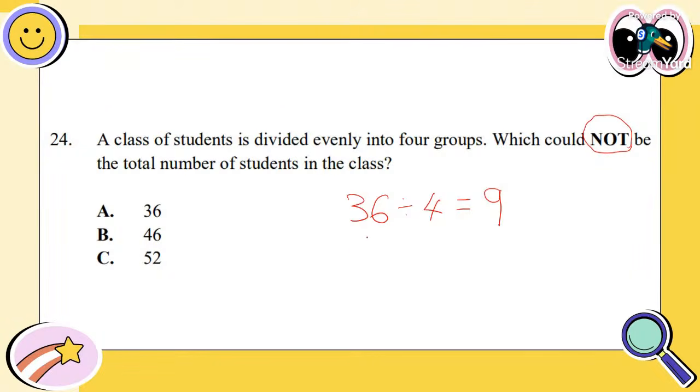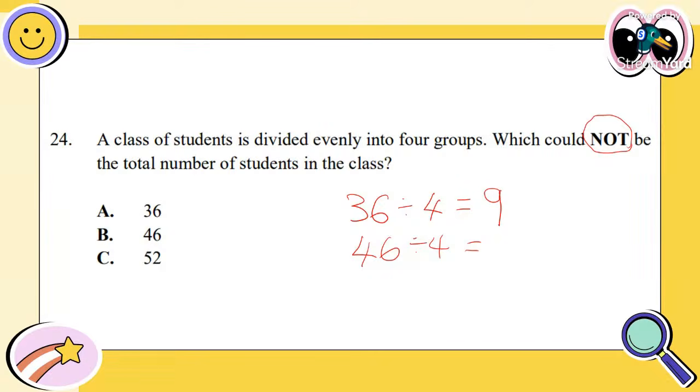But now let's divide 46 by 4. What is 46 divided by 4? Okay, Sir Marie James says you can't divide it evenly into 4 groups because there is a remainder.